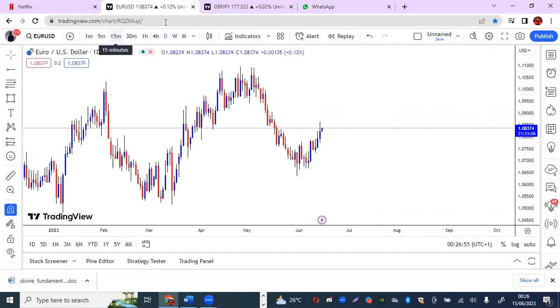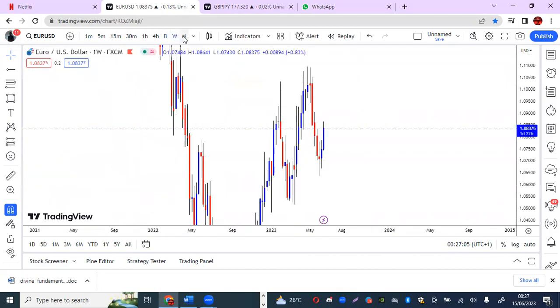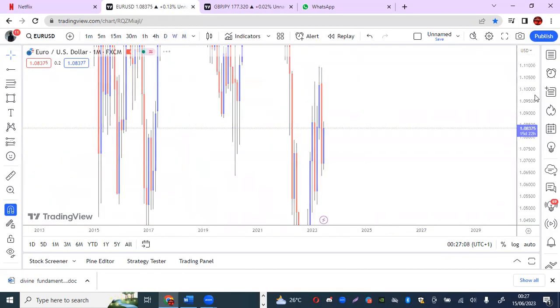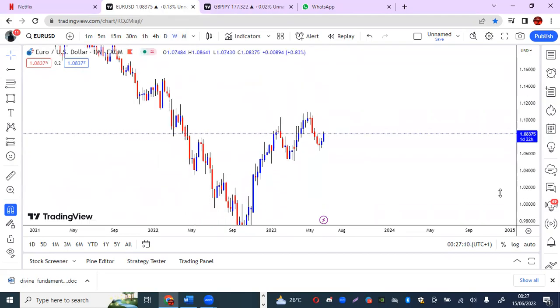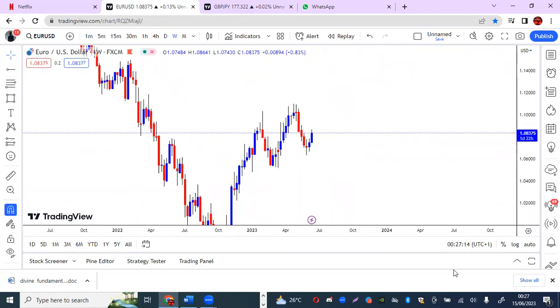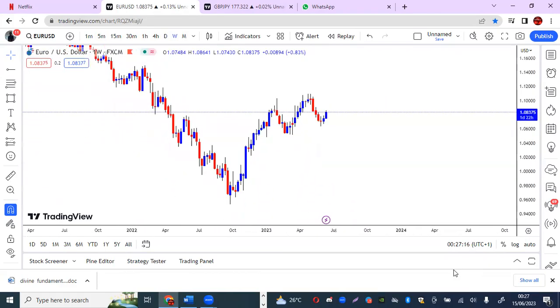Most intraday and retail traders trade with the 4 hour and 1 hour. So whenever I want to do analysis, I mostly come to the weekly. I only use the monthly once in a while, but weekly is okay. Monthly is just 4 weeks, that's 4 candles. So I mostly use the weekly time frame to check.